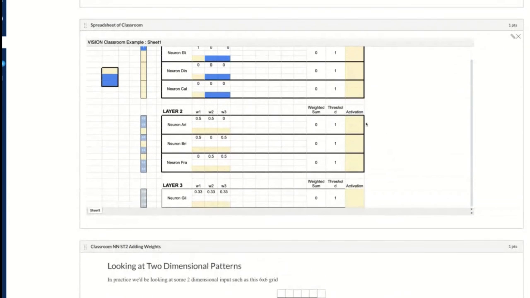So I'm going to jump to that spreadsheet itself. Let me make sure this works. Are we still here? I just got to disconnect signal. Yes, okay, great.